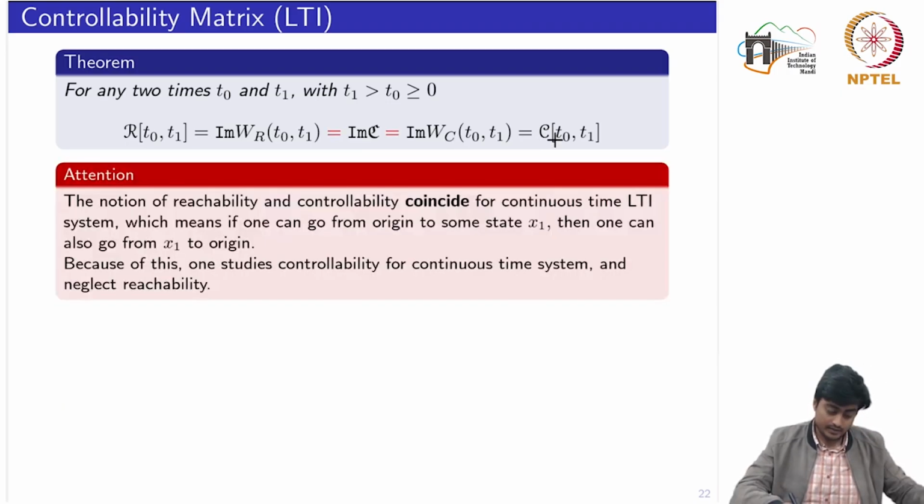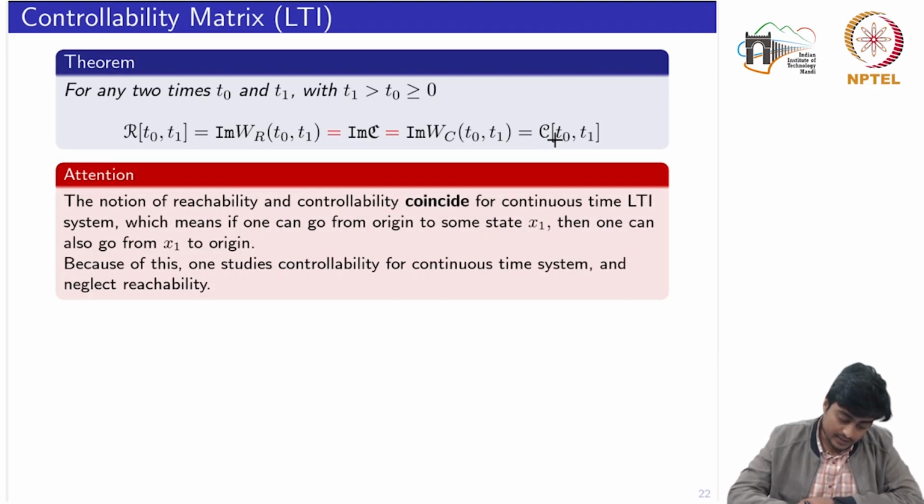Why? It tells us many things. First of all, you see these two equal signs, which are now denoted in red. This notion of reachability and controllability, at least for the LTI system, coincide with each other. Meaning to say, I can use either to show the reachability or the controllability, both remain the same.